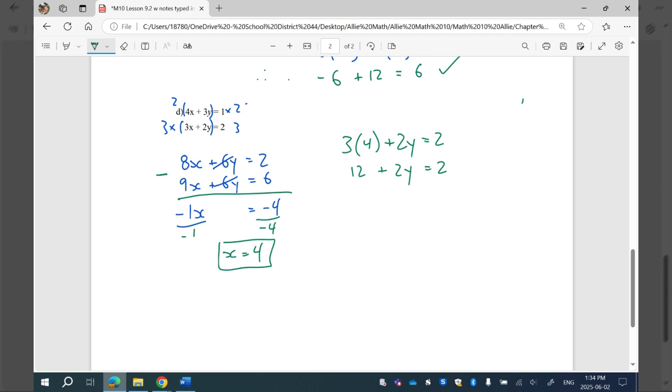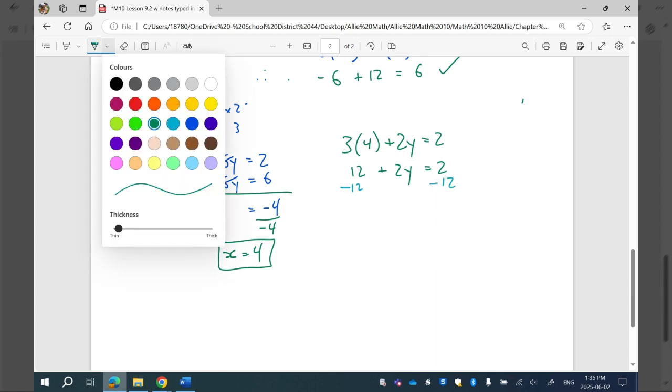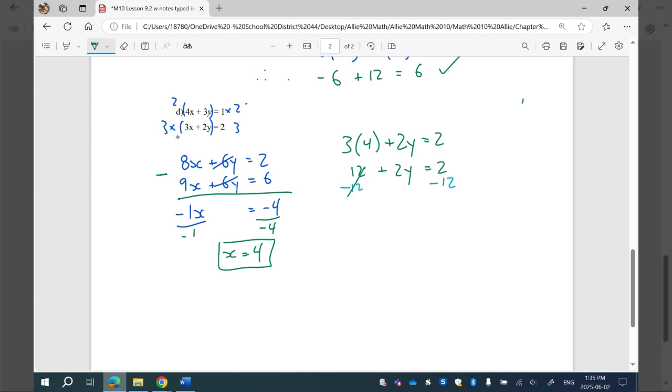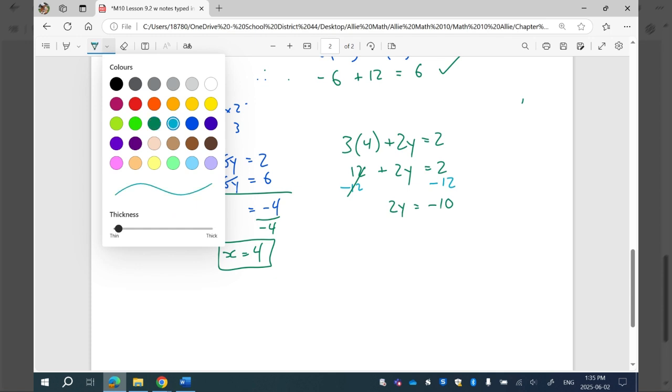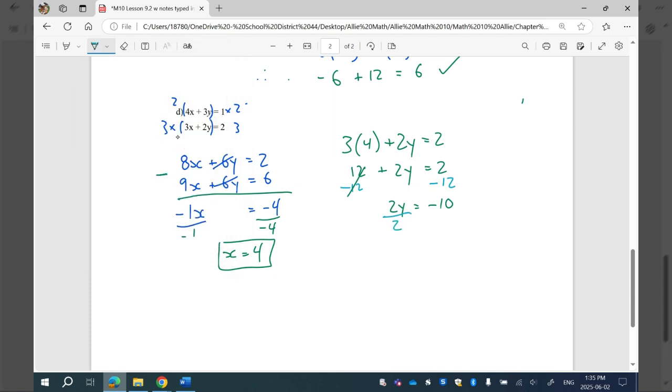Let's subtract 12 from each side. That's gone, and now 2y equals negative 10. And we divide by 2. Divide by 2, we get that y equals negative 5.